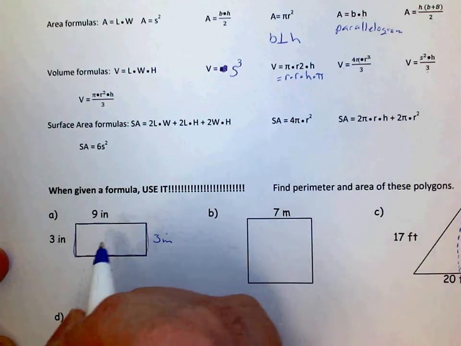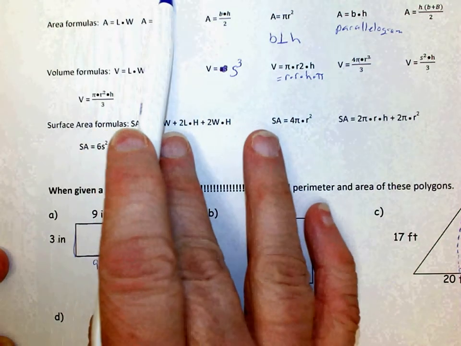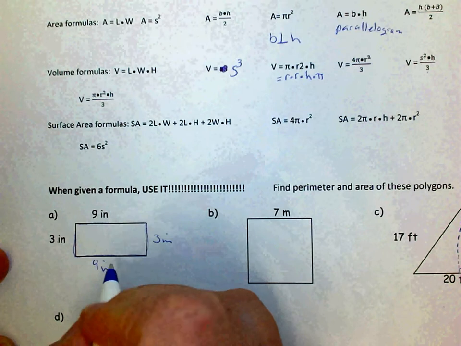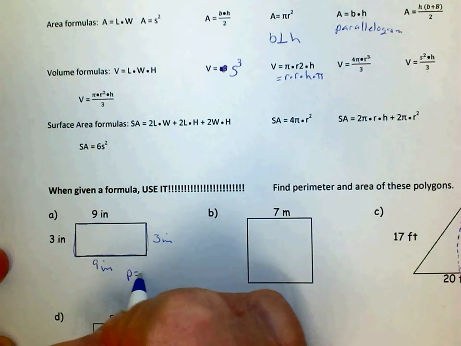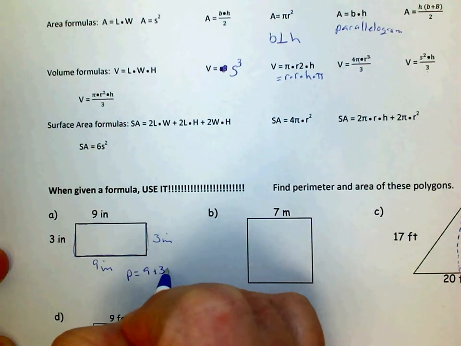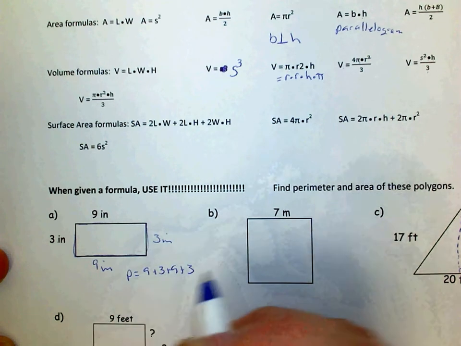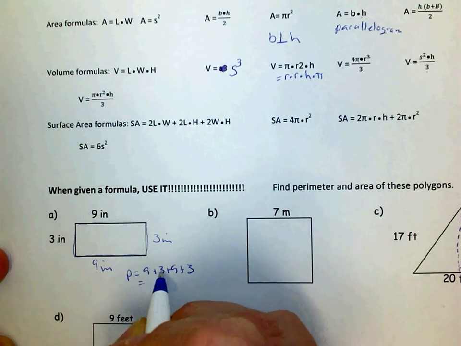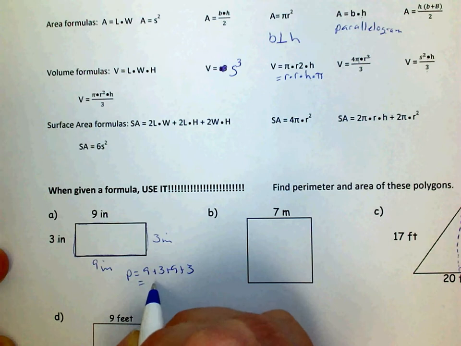So perimeter, remember perimeter, we just add up our sides. So we say P is equal to 9 plus 3 plus 9 plus 3, which gives us 12 plus 12, which is 24 inches.